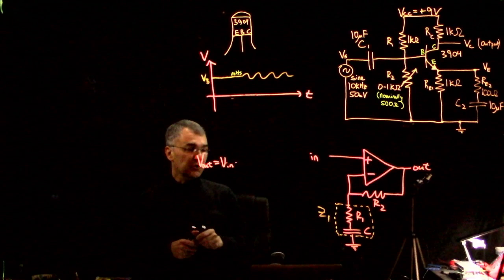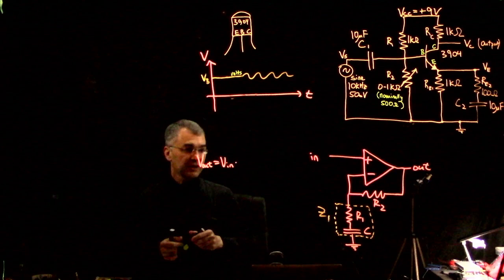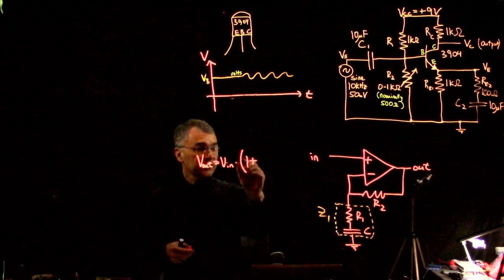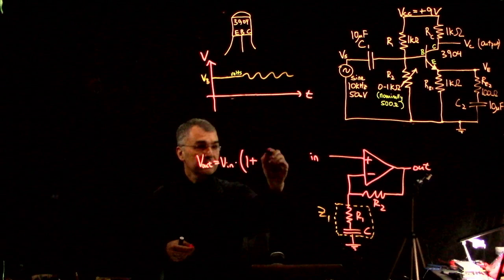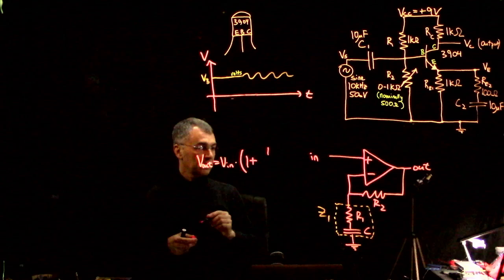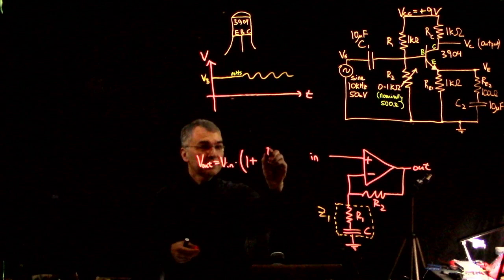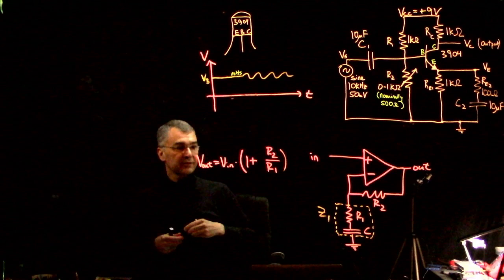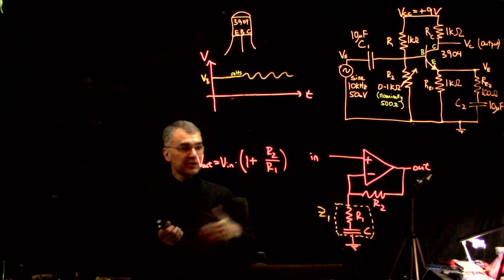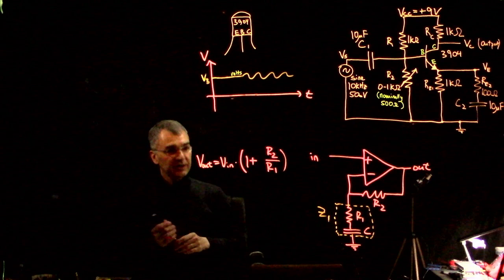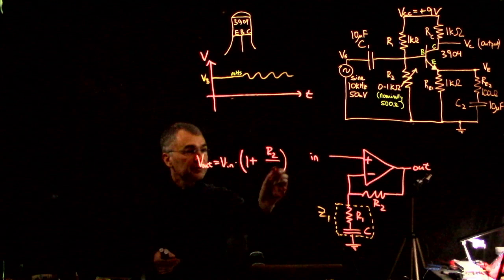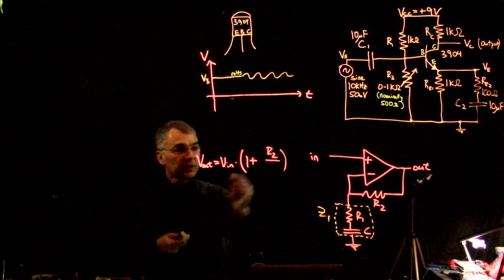If this were just a resistor, this would be V out is V in times 1 plus R2 over R1. But this R1 is not just a resistor, it's the impedance of these two things in series. So this will actually be Z1.